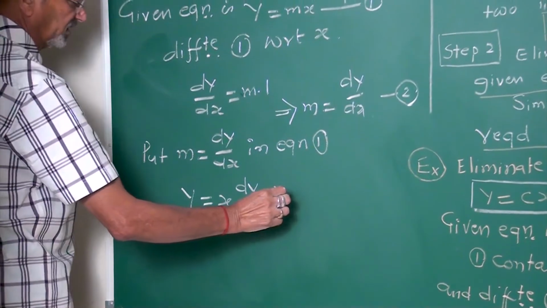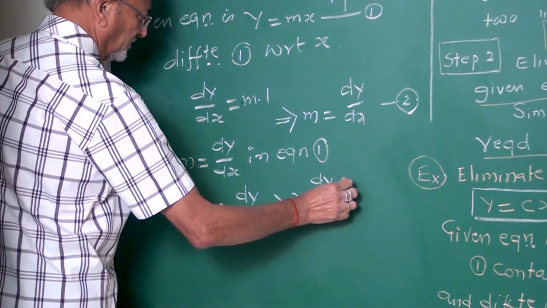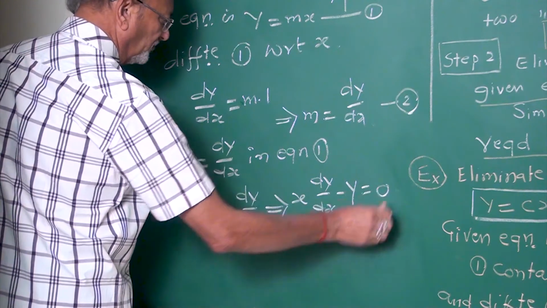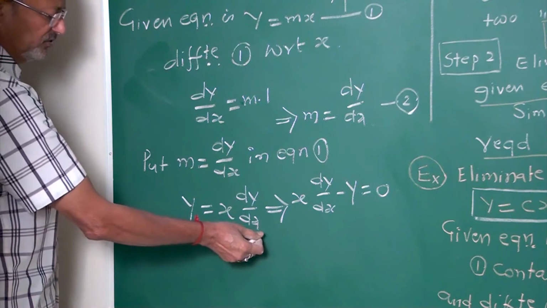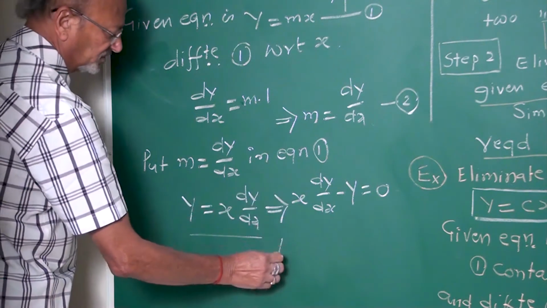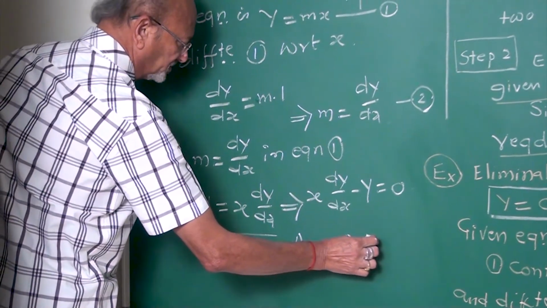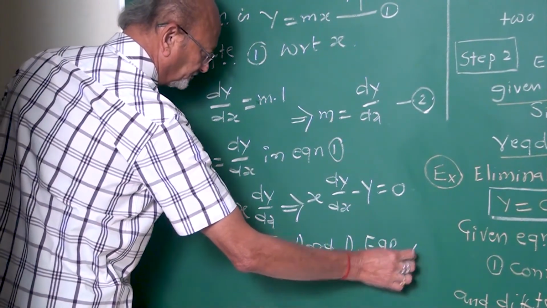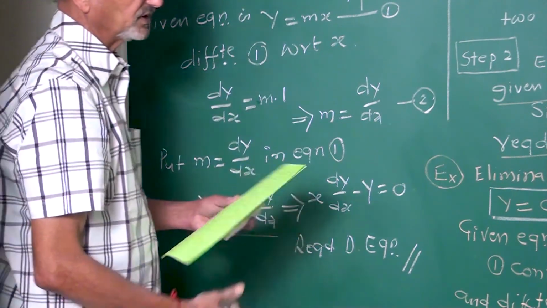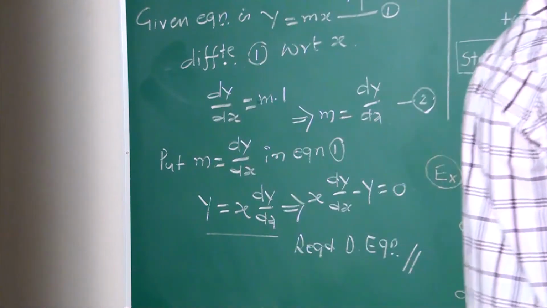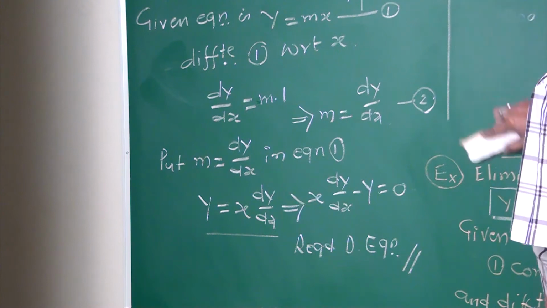This gives x dy by dx minus y equal to 0. Or you may write dy by dx equal to y upon x, any form. This is the required differential equation. This is the method to find the differential equation. These are just 2-mark examples, simple examples.